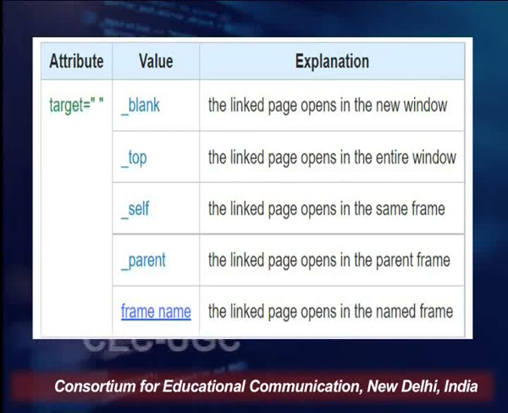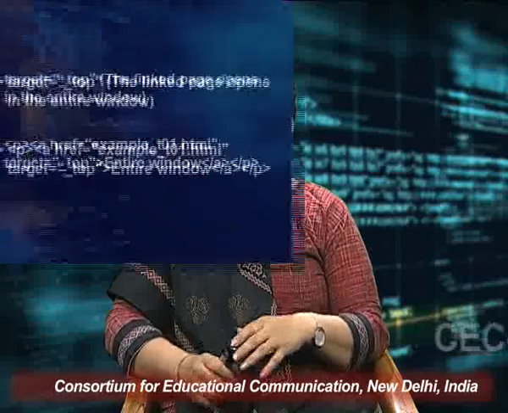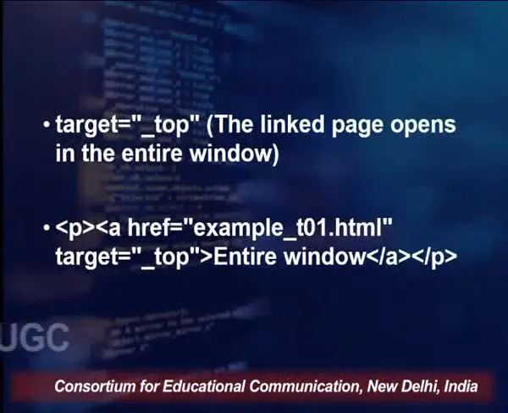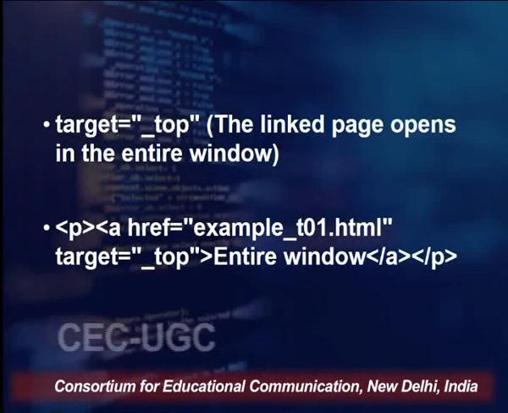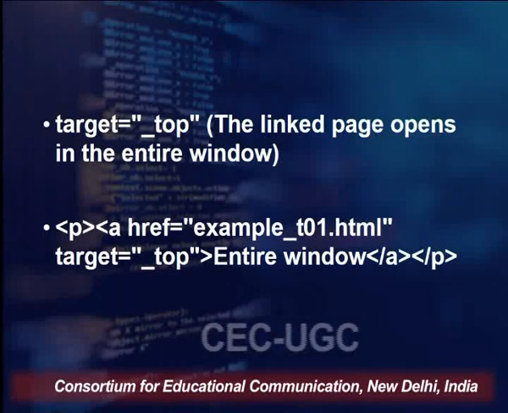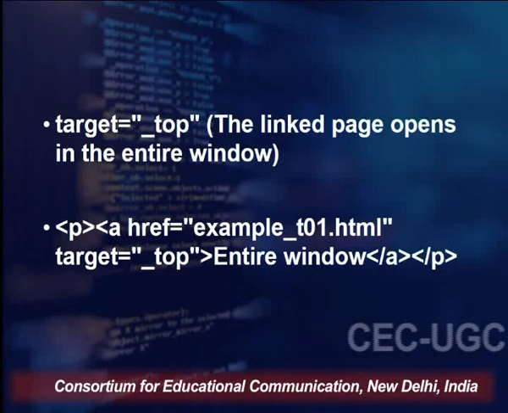Or we can have a particular frame name here in which we want to open the linked page or the image. So let us try to see the effect of these values, and I am going to show the example with the help of a particular link. If we say target is equal to _top, the linked page is going to open in the entire window, and what will be the command?